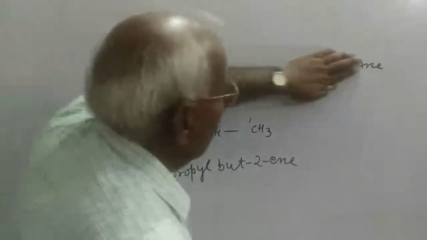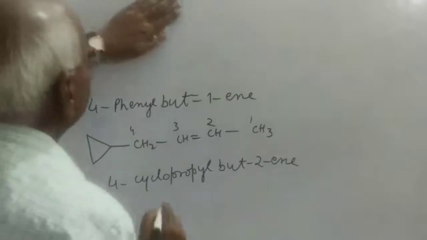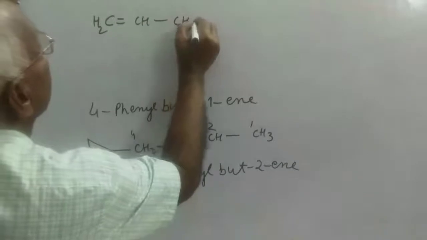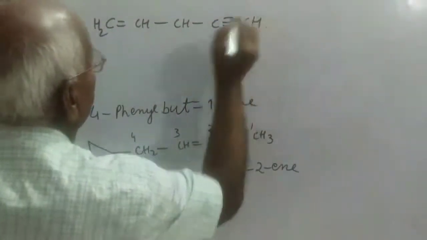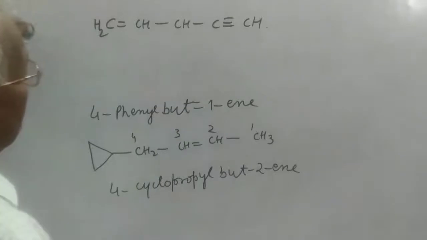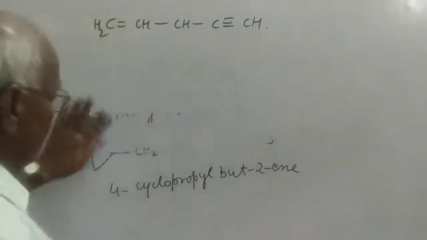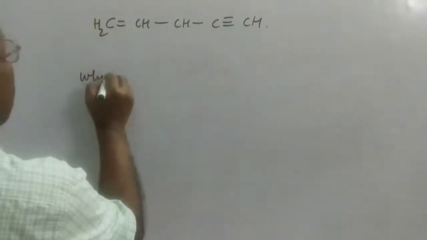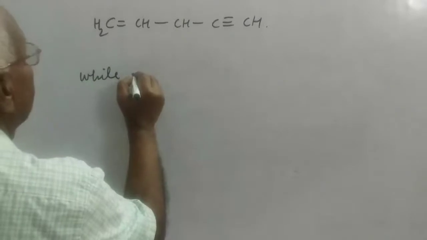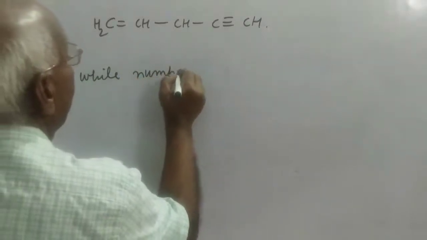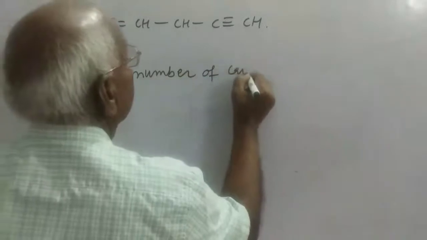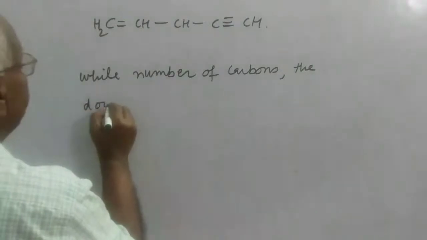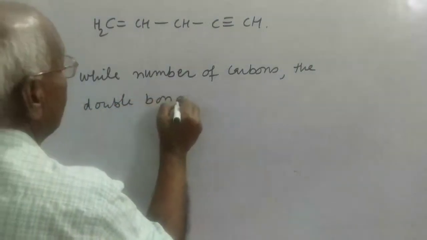If a double bond and a triple bond are both present in the same molecule, say CH2 double bond CH, CH triple bond CH, priority is given to the double bond while numbering the carbons.